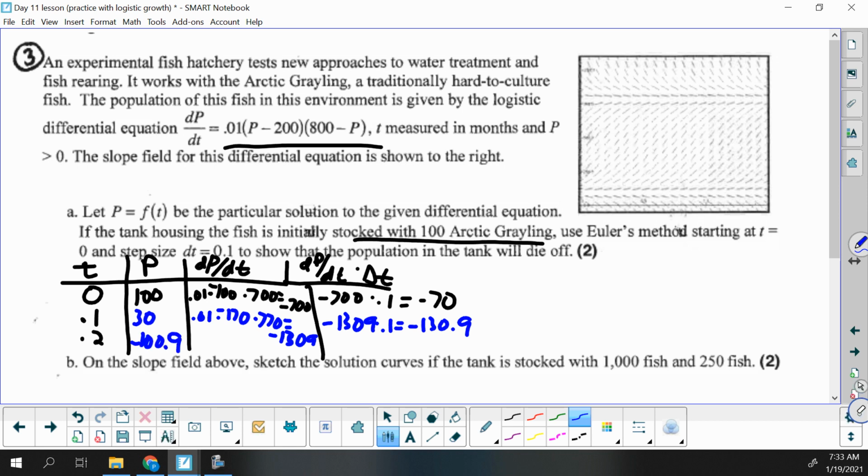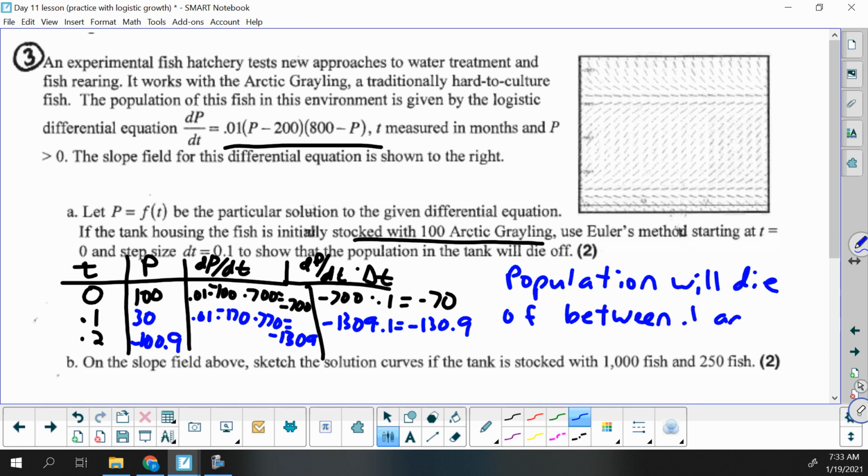Well, a negative population means there's none left. Okay, so what this shows is the population will die off between 0.1 and 0.2 months.